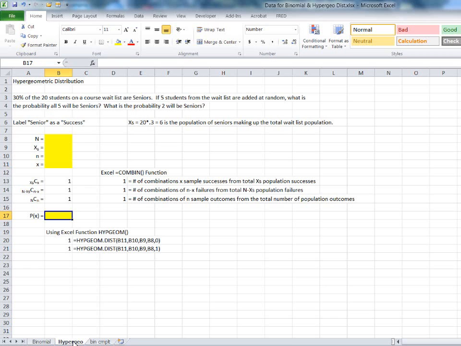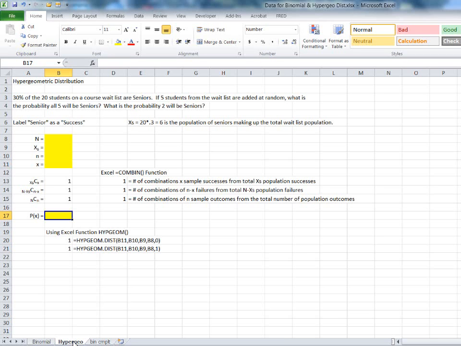So let's look at this problem here. We've got 30% of 20 students on the wait list. They're seniors, so that means there are 6 seniors out of the 20 total on the wait list. And then we're going to pick 5 from that total of 20 at random to put in the class.